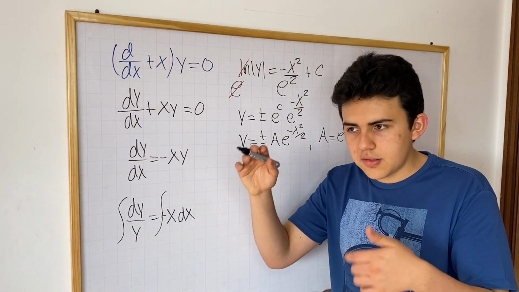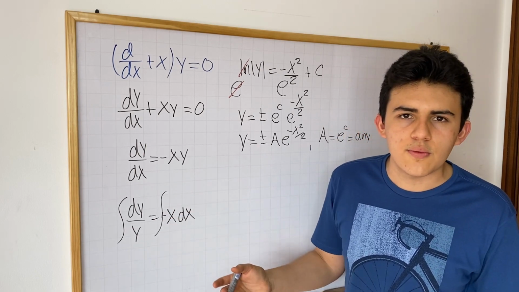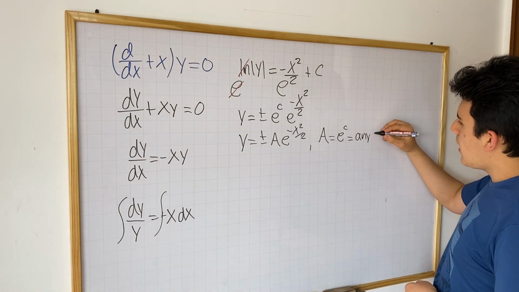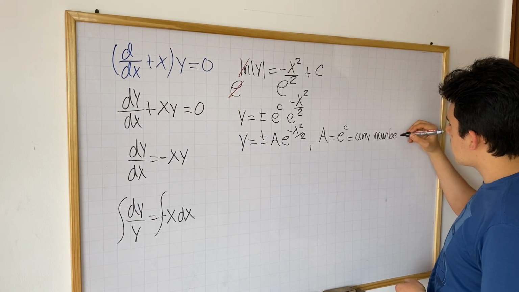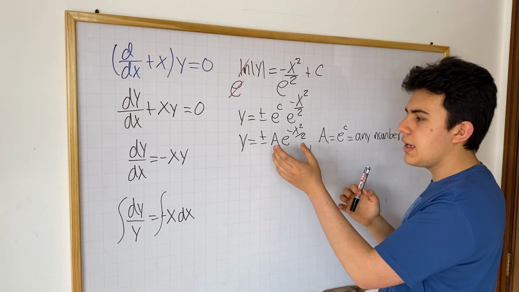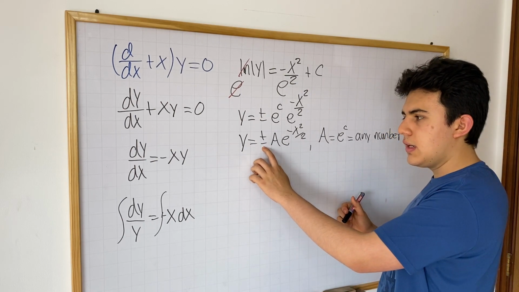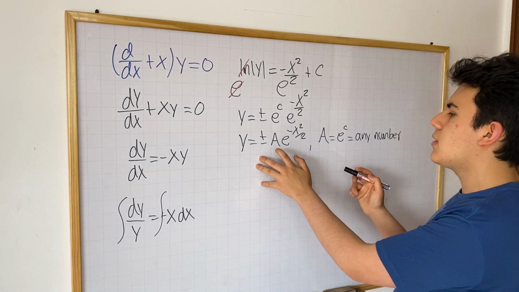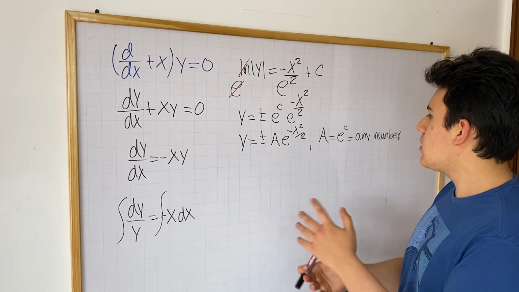There are some exceptions, of course, but you can get a lot of numbers with that, so I'm just going to write any number. Because if you want a negative coefficient, you could use the negative portion of the general solution and give a positive quantity. So that's something you could do.